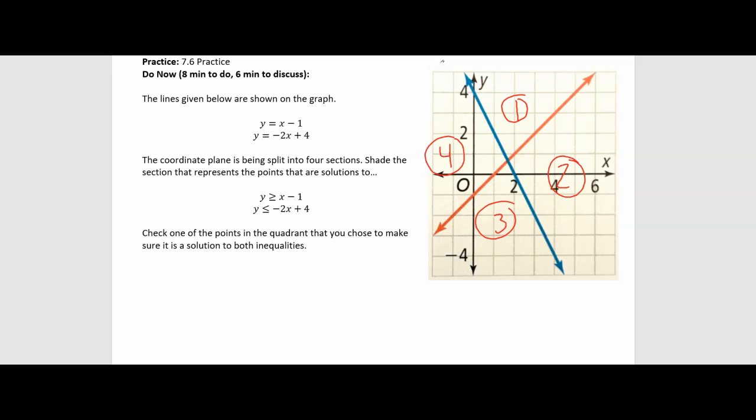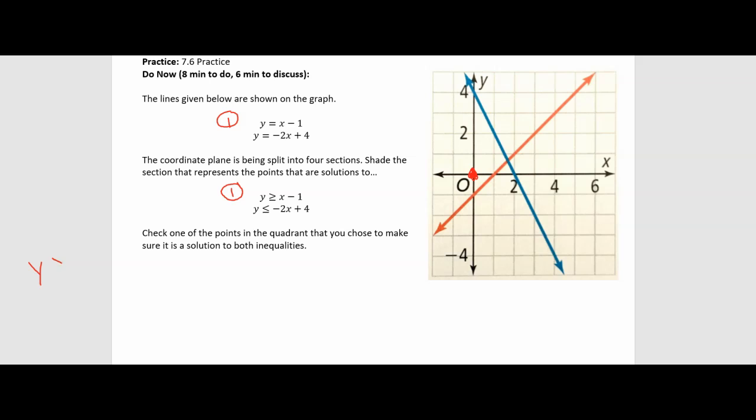Well, let's break it down. Let's just start with one of the boundary lines. So let's start with this one up here. y is equal to x minus 1. Well, just based on the y-intercept, we know that that's going to be the red line, so hence why I've used red. Now, to figure out which side of that red line I should shade, we should choose a test point, right? Let's choose the point 0, 0.